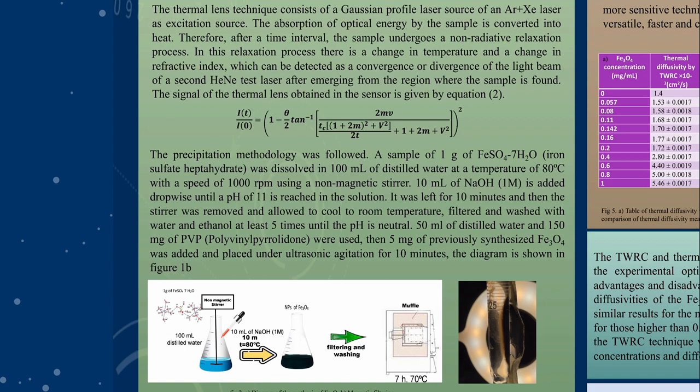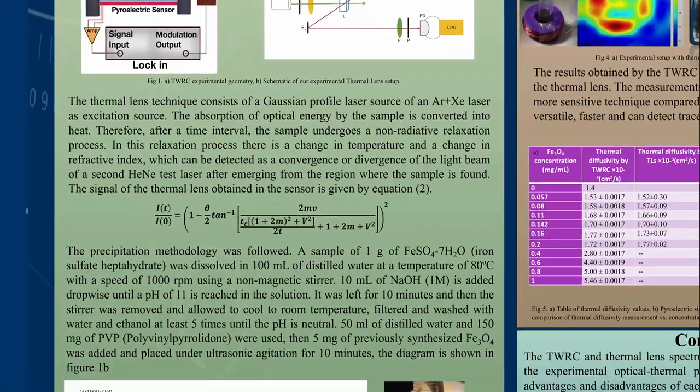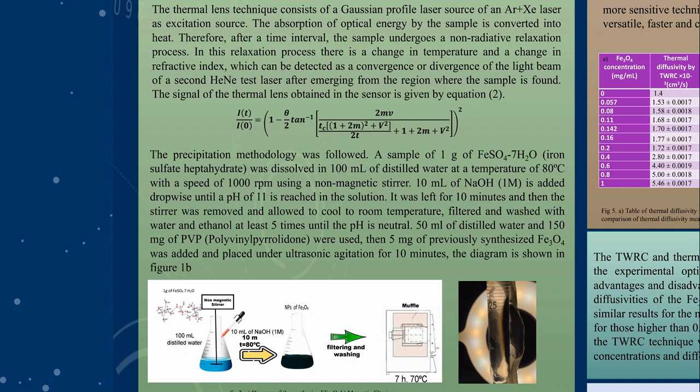The next methodology is how we synthesize the nanoparticles. For example, 1 gram of ferrous salt, iron sulfate heptahydrate, was dissolved in 100 milliliters of distilled water at a temperature of 80 degrees centigrade, at a speed of 1000 rpm using a non-magnetic stirrer.